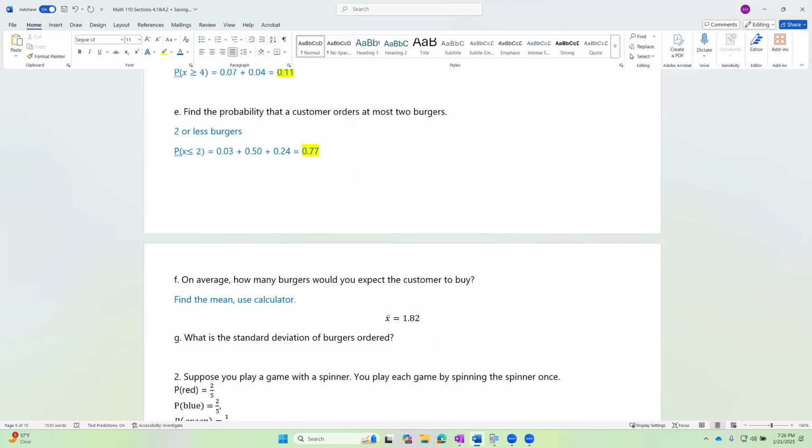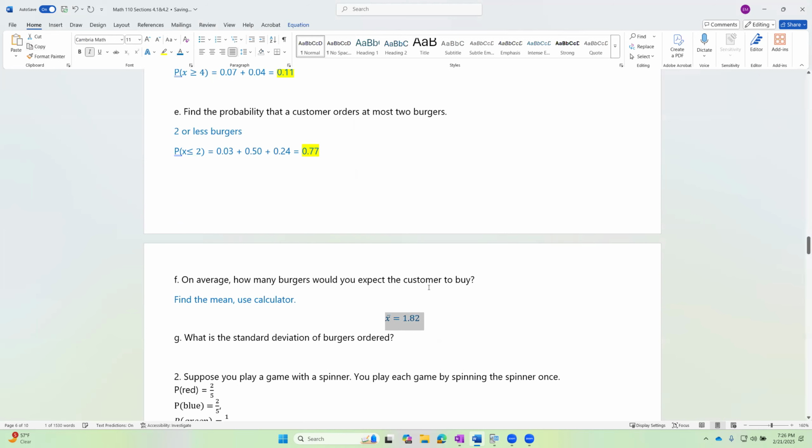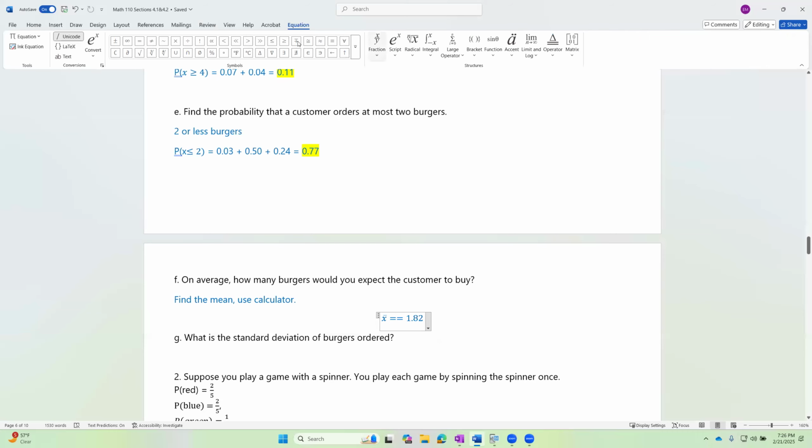Okay, but since we are in a probability distribution, we are going to use mu. Sorry, my boom bar is in the way. There we go.